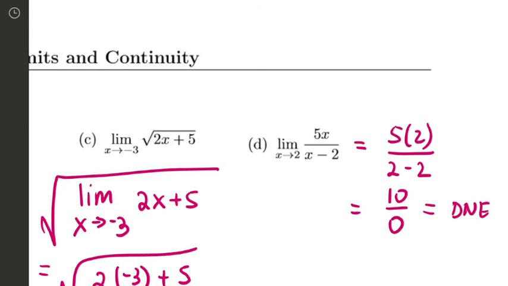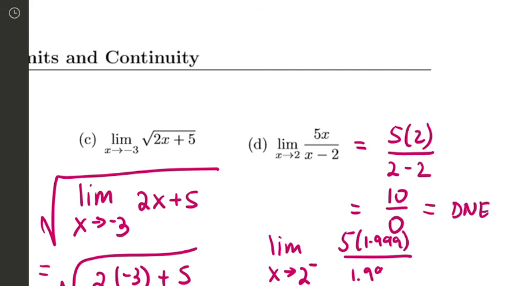And in fact, if you looked at the left-hand limits and the right-hand limits, so if I look at x approaches 2 from the left, meaning you're picking a number from the left, like 5 times 1.999 divided by 1.999 minus 2, you're going to just approach an extremely large negative number.